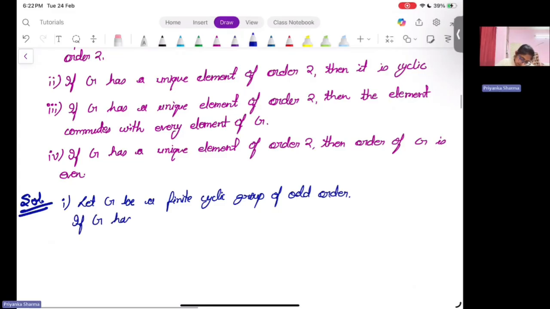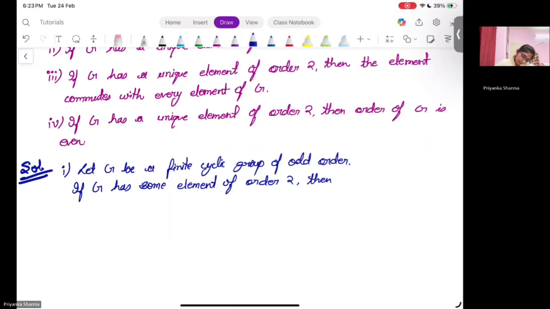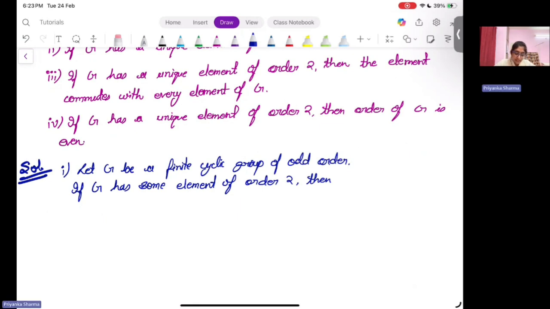If G has some element of order 2, then we can construct a subgroup which is generated by this element of order 2.